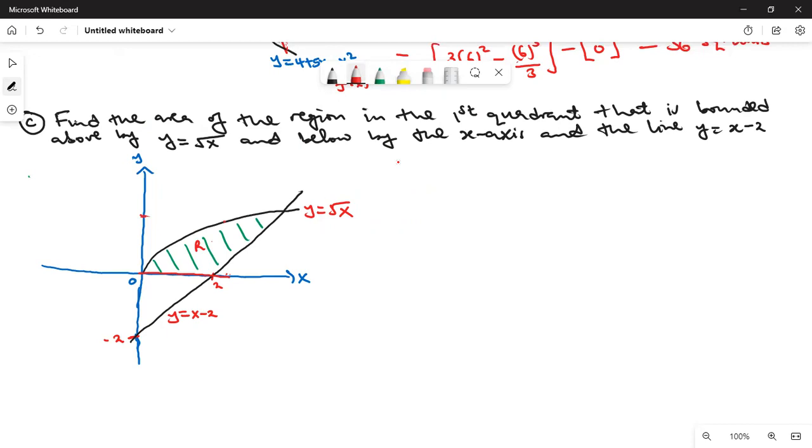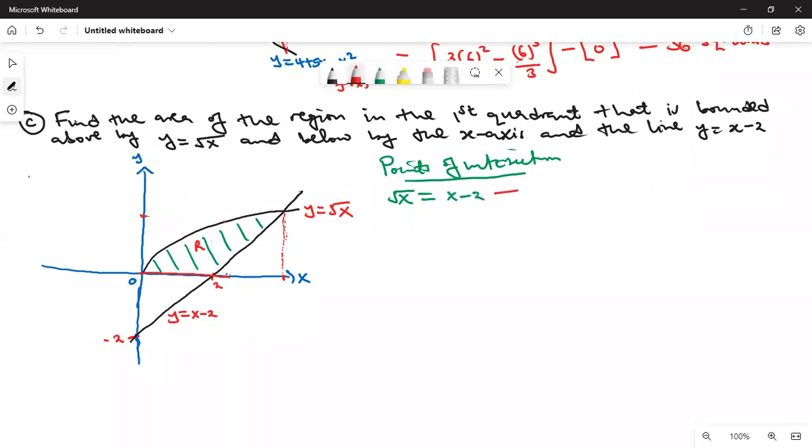What we are going to do, you can do this in several ways. You need to know the point of intersection of those two. What is the value of that coordinate? So let's start by finding the points of intersection. We need to solve those two simultaneously, the curve and the line. So we are saying root x should be equal to x minus 2.